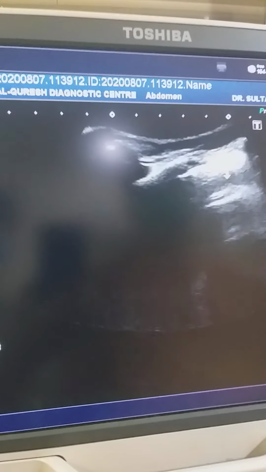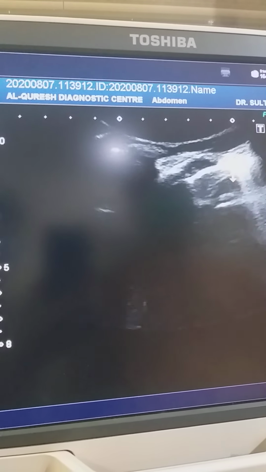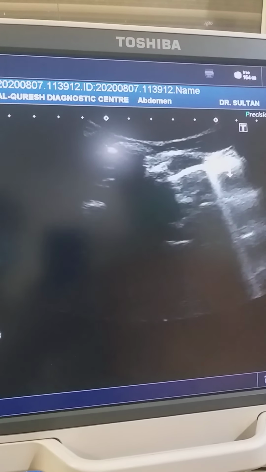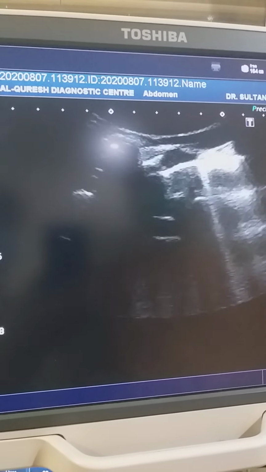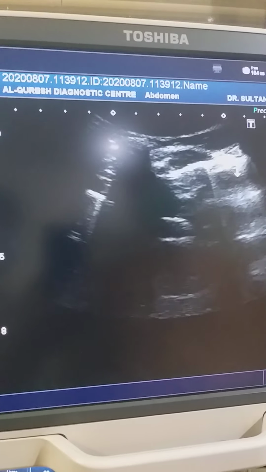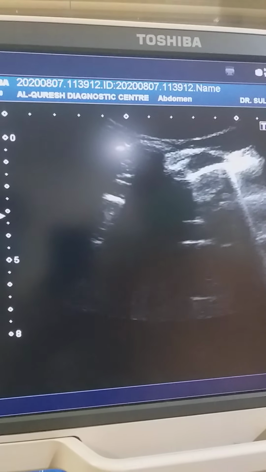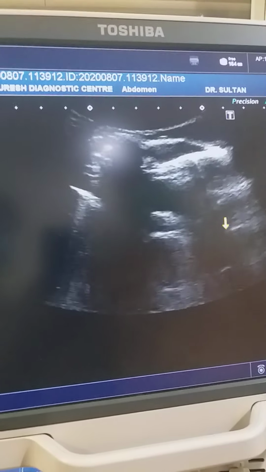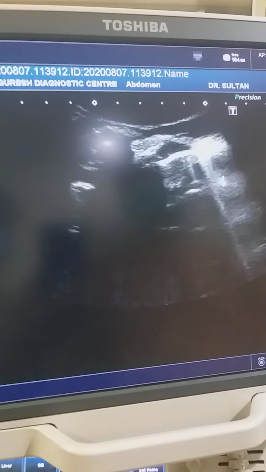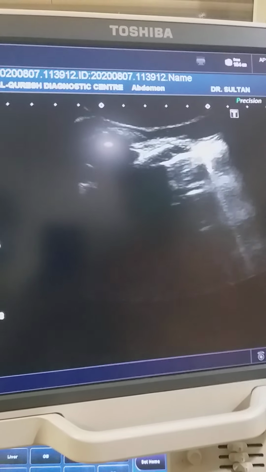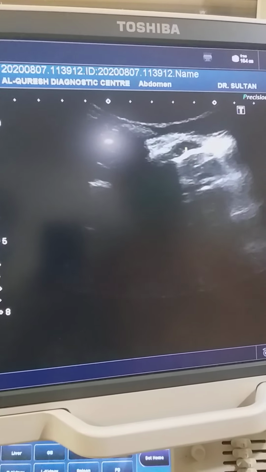So if these B lines are less than 3 in number, this is normal. And A lines, which are at regular interval, represent the reflection of this pleural line.